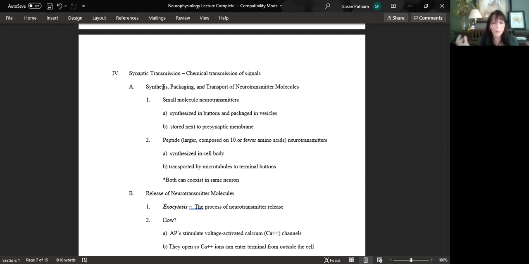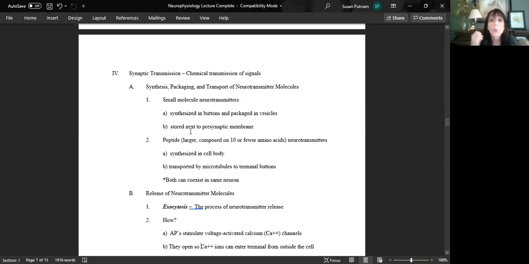Now, lots of times we think of all neurotransmitters being synthesized only in the cell body, and that's not necessarily the truth, because small molecule neurotransmitters, which we'll be talking about in the next segment of our neurophysiology material, are actually synthesized, or can be, in the buttons, that terminal end, the bouton, and packaged in little vesicles, like little baggies, if you will.